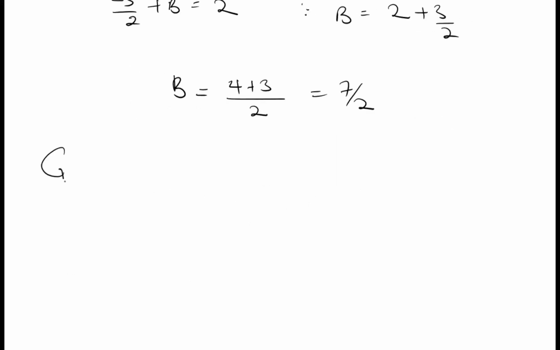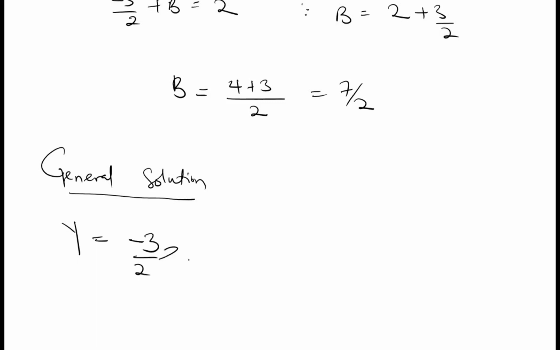So the general solution now, that's the final step. It gives me y is equal to a exponential negative 3x, right? And now my a is minus 3 over 2 exponential of minus 3x, then plus b exponential minus x, which is 7 over 2 exponential of minus x, then plus, this is the complementary solution.